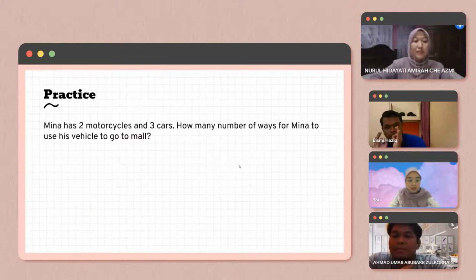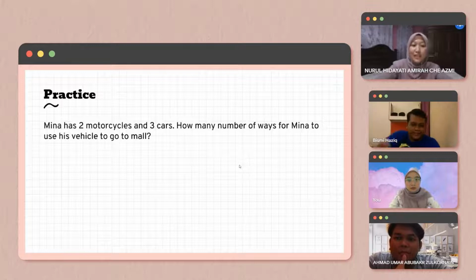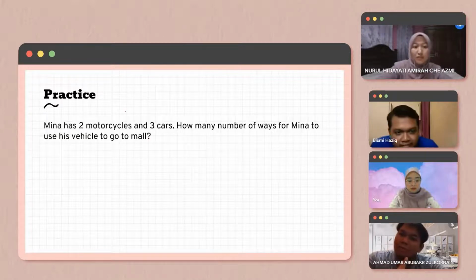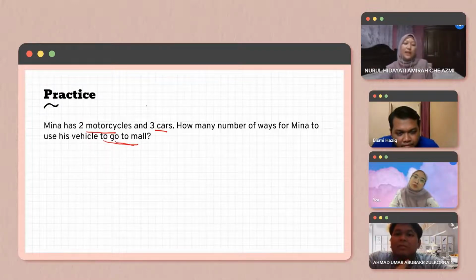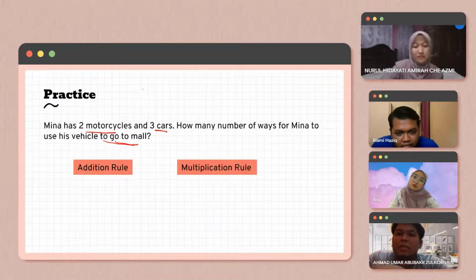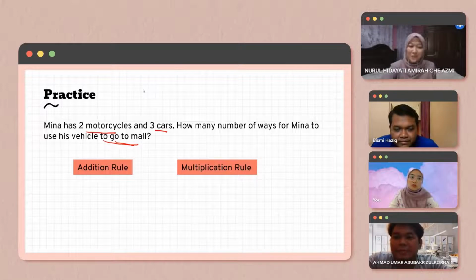Okay, now let's do this practice. Let's say Mina has 2 motorcycles and 3 cars. How many ways are there for Mina to use his vehicle to go to the mall? Do you think we apply the addition rule or the multiplication rule?